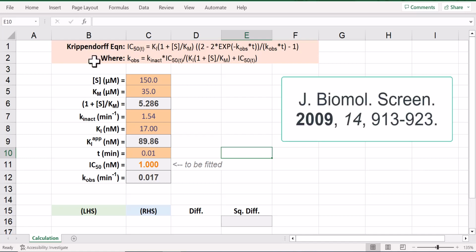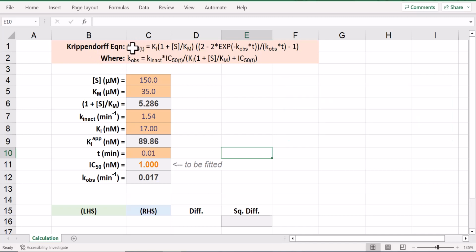derived. So IC50 values are frequently measured from endpoint product formation assays, but when the inhibitor in question is irreversible, the time of the endpoint assay will affect the value of the IC50 being measured.